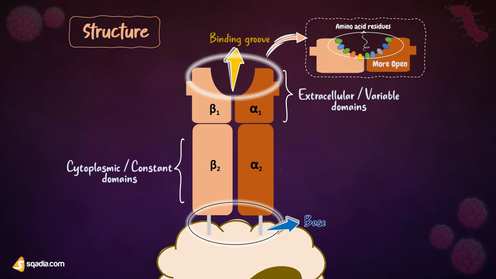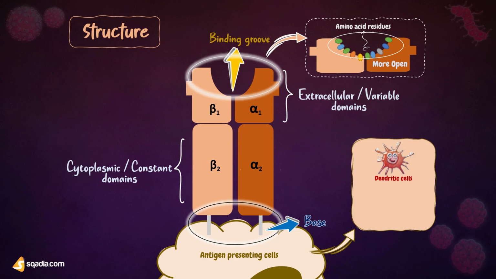But here, unlike MHC Class I molecules, MHC II molecules are not found on all cells, but are found on specific cells, mainly APCs, or antigen-presenting cells. These APCs usually include dendritic cells, macrophages, or B cells.